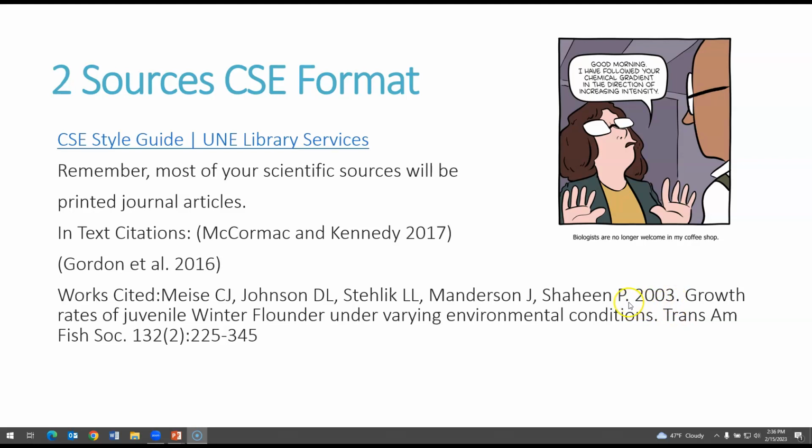So that is signaling to us this is a new type of information. So anytime you change the subject, you're going to put a period. So then after the year, another period, then it's the title. Then at the end of the title, another period, the journal that the article came from, another period, and then the volume, issue, and page numbers for that particular journal, all right?